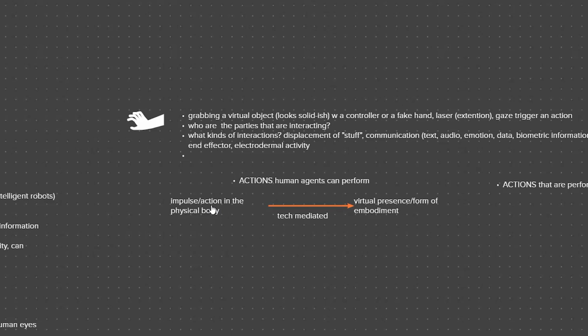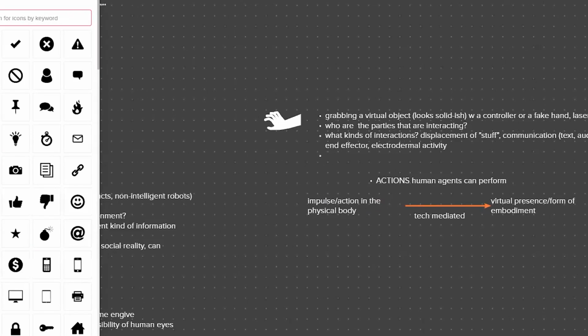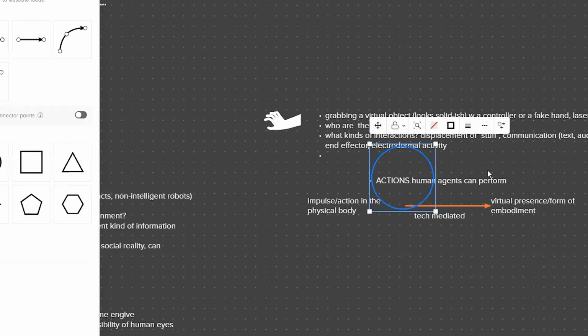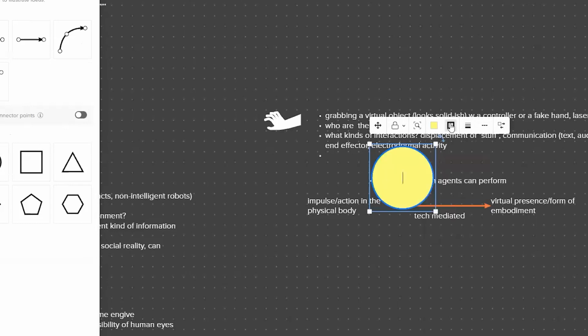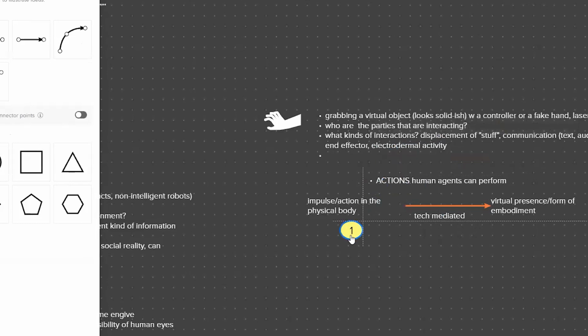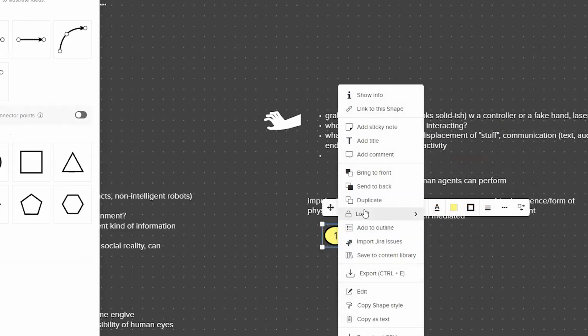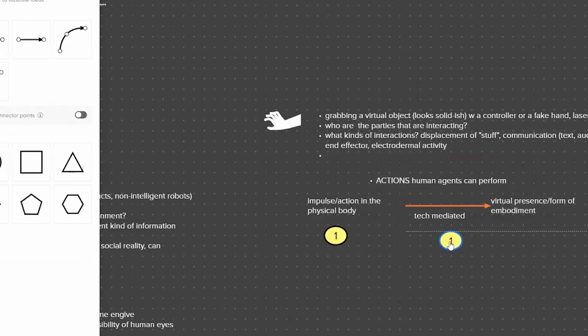So we would need to brainstorm in these three areas, right? We would need to brainstorm what is the initial impulse, like what do you do with your physical body as the impulse.